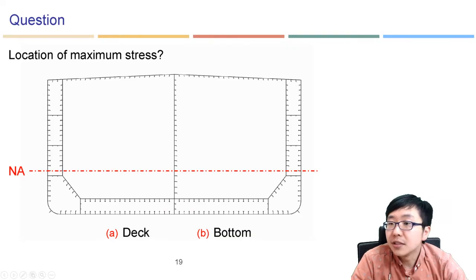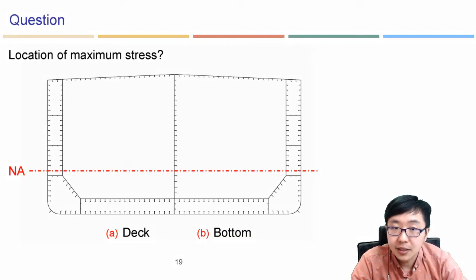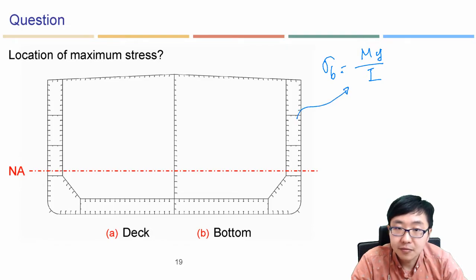All right. So question again, location of the maximum stress. This is the neutral axis, and what we have learned is that bending stress is M y over I. In the case of I, this comes from the section, so it is constant, and the applied moment is constant. So what we need to think about is the y value.